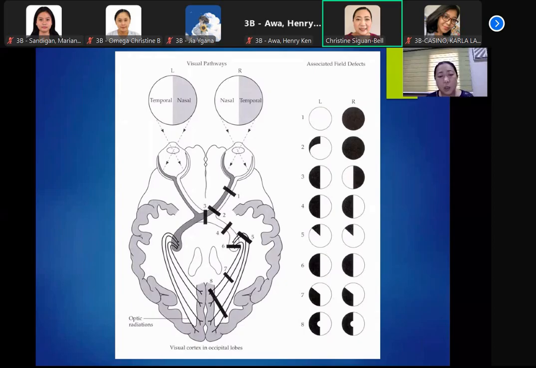But again, what you have to take note is that once it already crossed the optic chiasm, the visual field defect usually happens on the opposite side of the nerve that is affected. But before it crosses the chiasm, it is still on the ipsilateral side.